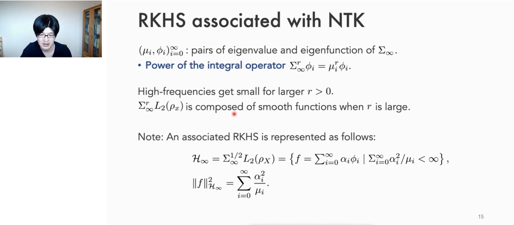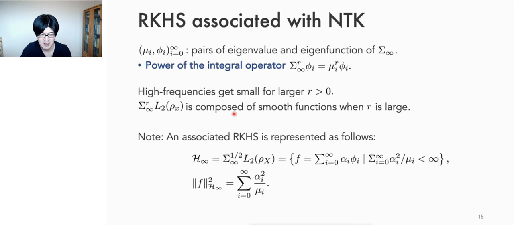In general, eigenfunctions of small eigenvalues correspond to the high frequency of functions. So high frequencies relatively vanish under the power of the integral operator if r is large. In other words, the image of the power of the operator is composed of smooth functions with respect to the neural tangent kernel, and r controls the smoothness of the functions contained in this image.